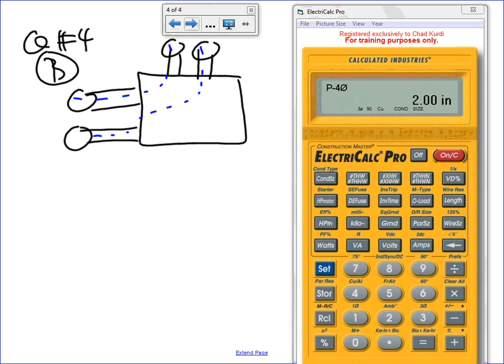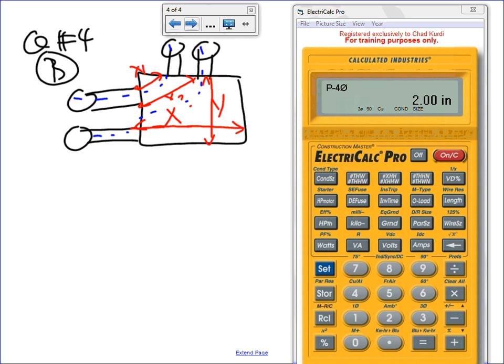I need you to find the distance x1, the distance x2, and the dimensions y and x. This is my pull box with 2 angle pulls, and I need you to find the x and the y for this box.